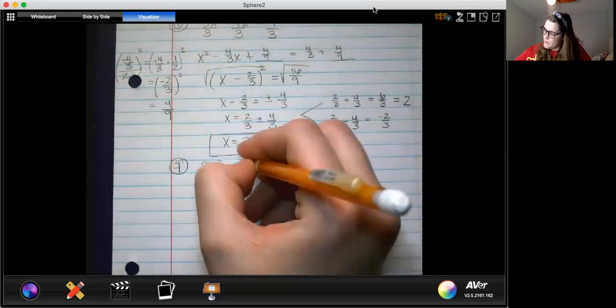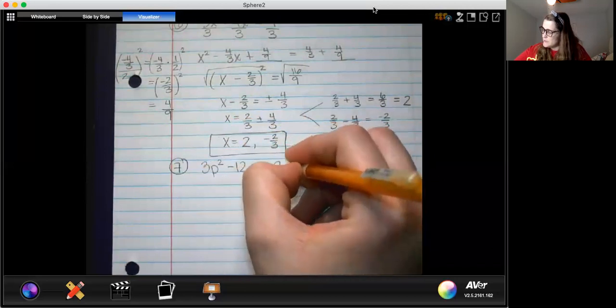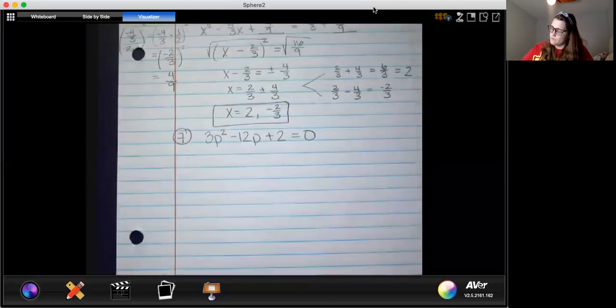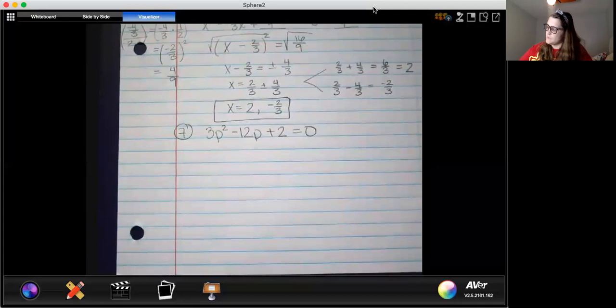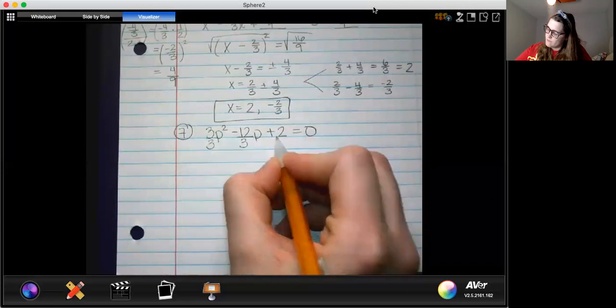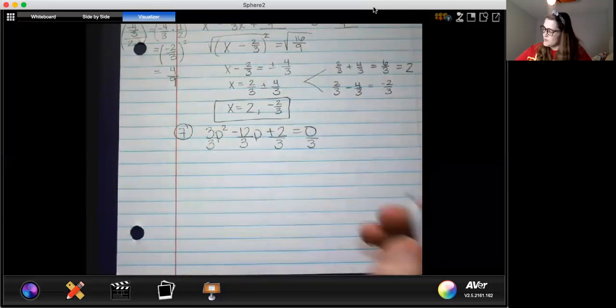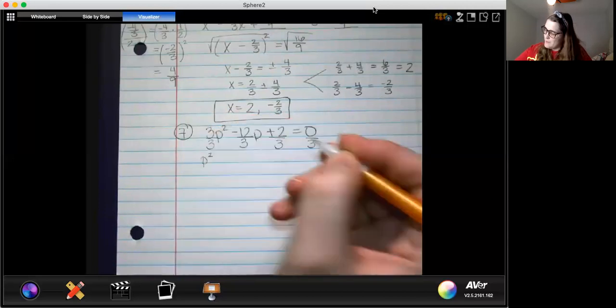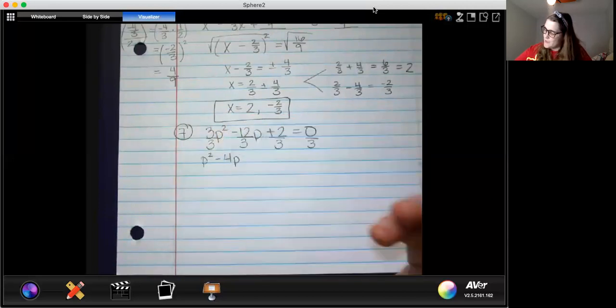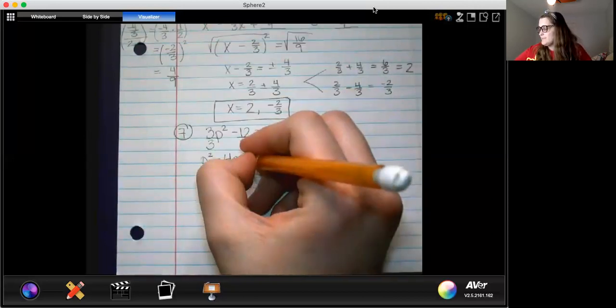3p squared minus 12p plus 2 equals 0. So first thing we're going to do is divide everything by 3. So I get p squared minus 4p, and I'm going to add my blank while also moving over at the same time.